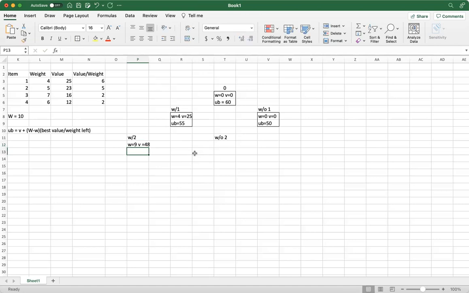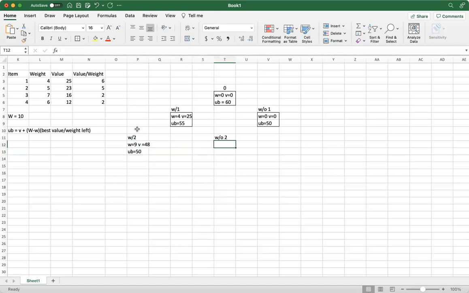The upper bound of that option is going to be the value, which is 48, plus the big W minus a little w, which is the 10 minus the 9 that we have, so just a 1. 1 times whatever we have left. Okay, it can't be a 1 or a 2, so it's going to be a 2. Okay, so 1 times 2 is 2. Okay, so that's going to give us an upper bound here of 50.